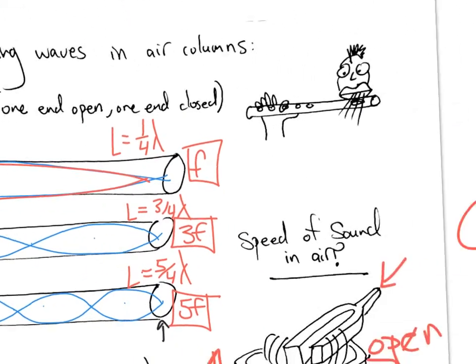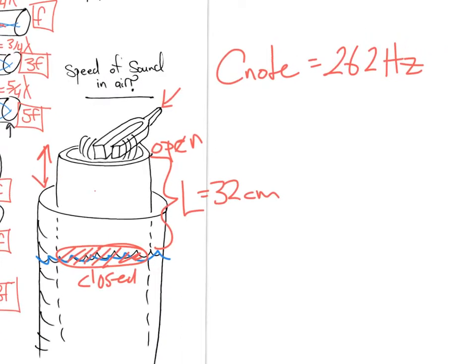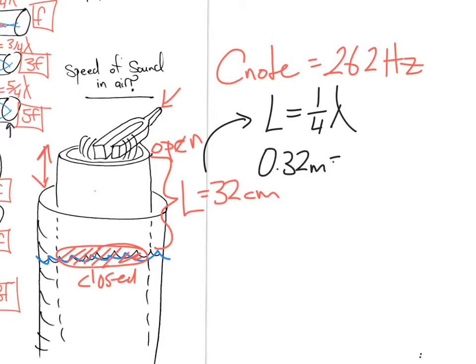So we just measured the length of the air column to be 32 centimeters, and we know that the length of the air column is 1/4 the wavelength. So I'm going to use meters and multiply by 4, which means the wavelength of the sound wave is 1.28 meters.